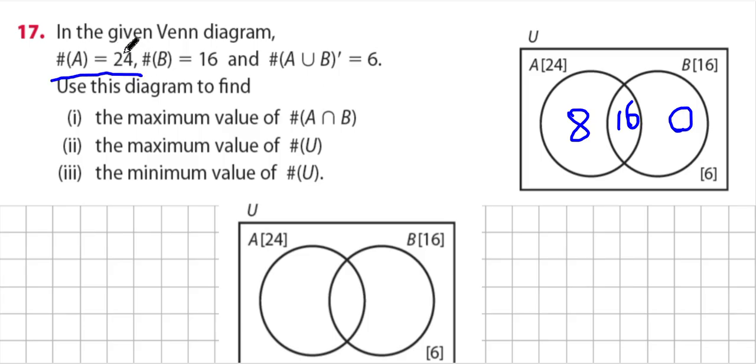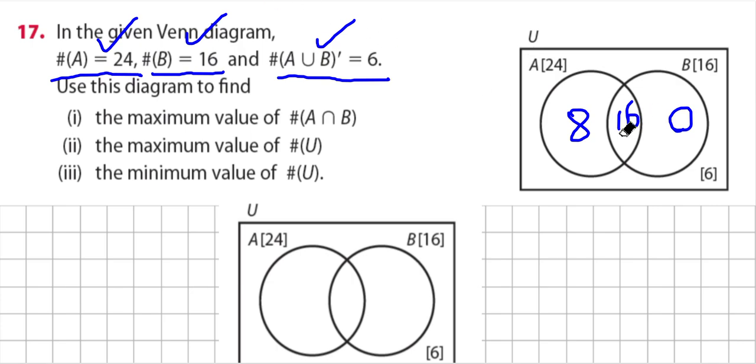See this box here? Does it fulfill that criteria? Yeah. Is there 16 in B? It fulfills the criteria. Is there 6 people outside both circles? This qualifies as a successful question. It meets the 3 criteria. Is that okay?